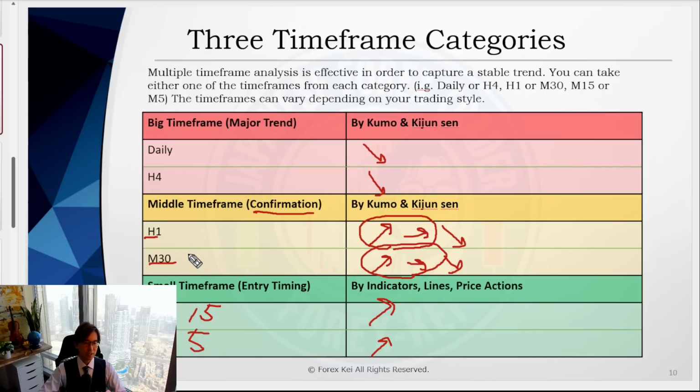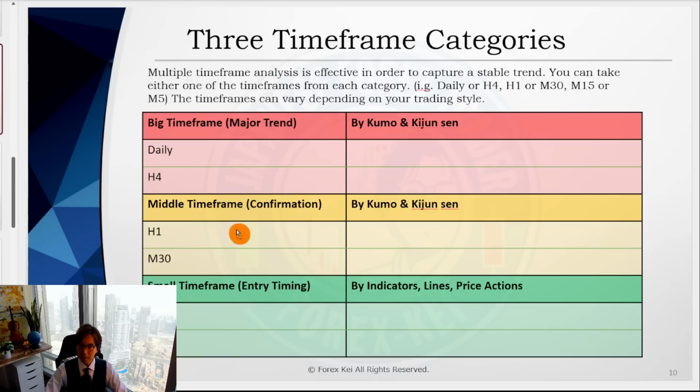So this is about the probability, but if you see H1 or 30 downtrending also, then the probability of winning would be much higher. And this is the idea of the confirmation part of my strategy.